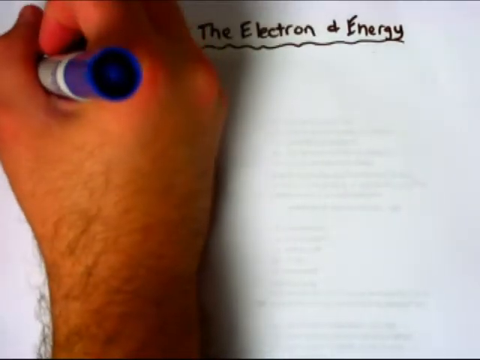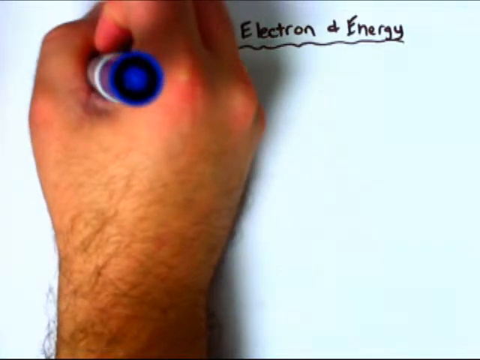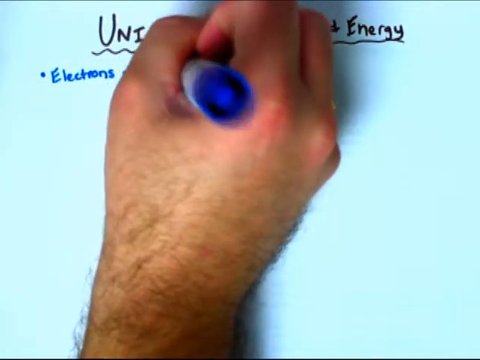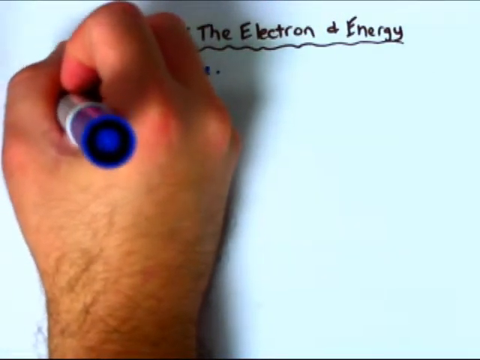What do we know about electrons? Are they positive or are they negative? Negative. Electrons are negative. Are they in the nucleus or out of the nucleus? Okay.